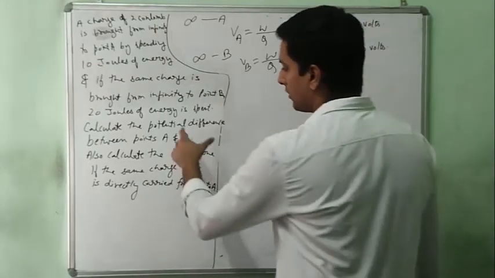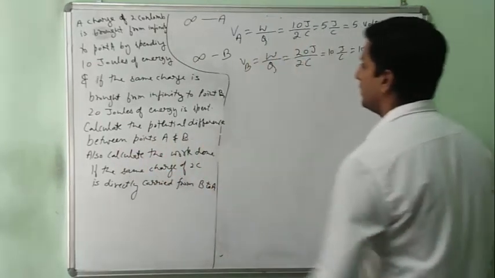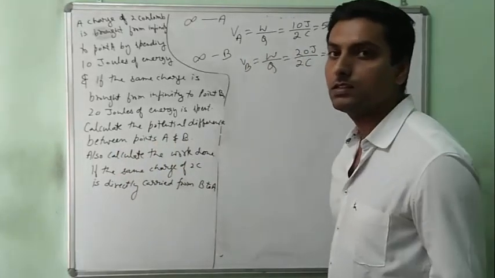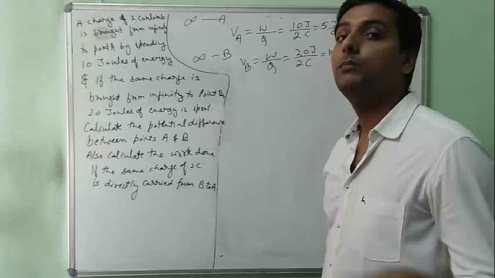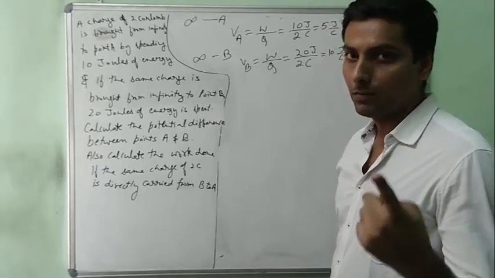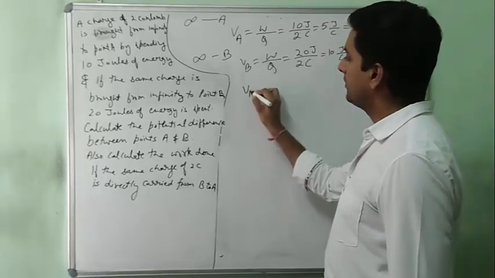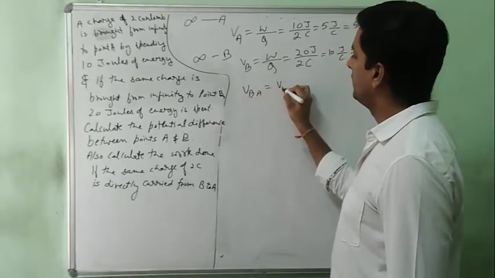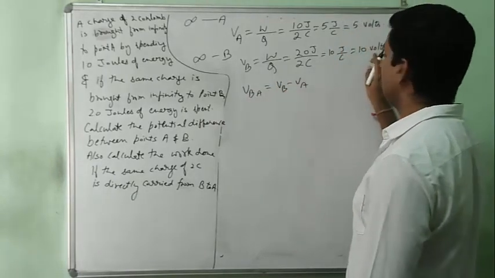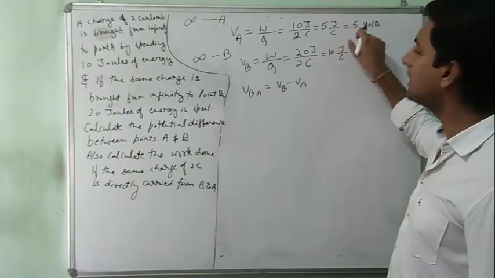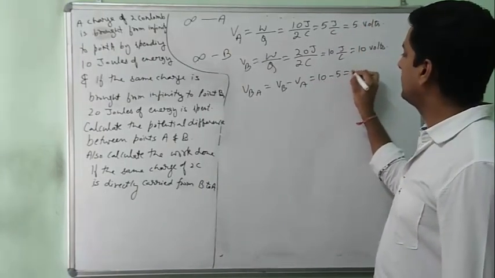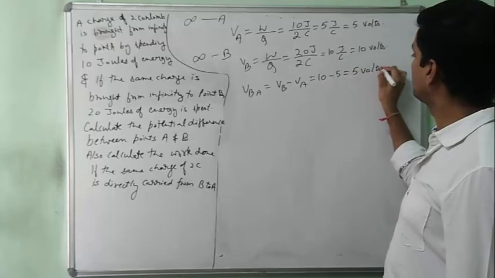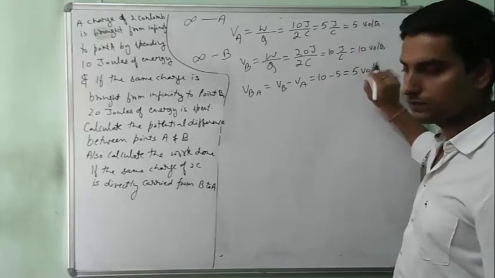Now you have to calculate the potential difference between A and B. Potential difference is the difference of the potentials of the two terminal points. So potential difference between B and A will be VB minus VA, because B is at higher potential and A is at lower potential. So the difference will be 10 volt minus 5 volt, that is 5 volt.